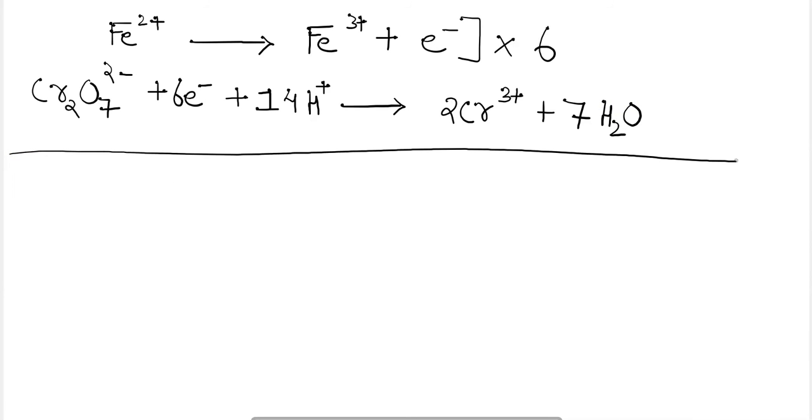After this, 6 electrons and 6 electrons will get cancelled out here, and the leftover things will be written similarly.